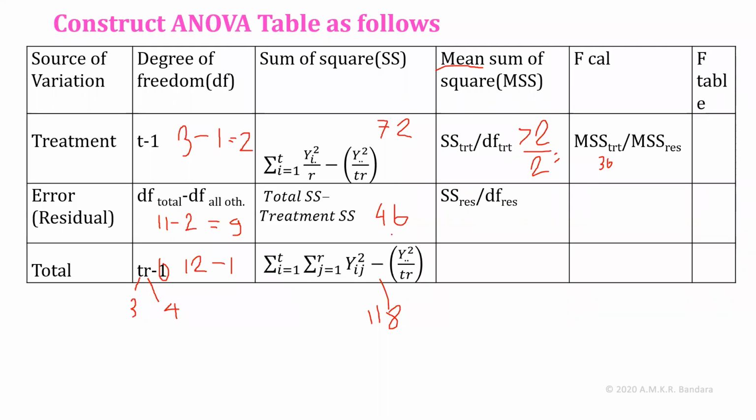And here, in order to find the error mean sums of square, you have to divide the error sums of square, or sums of square residual, that is 46, by its degree of freedom, that is 9.